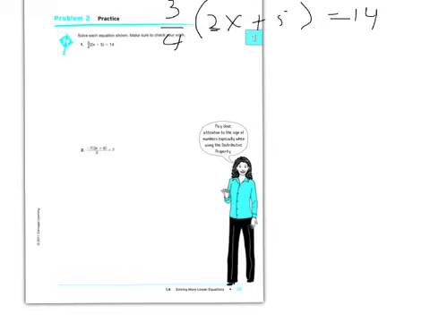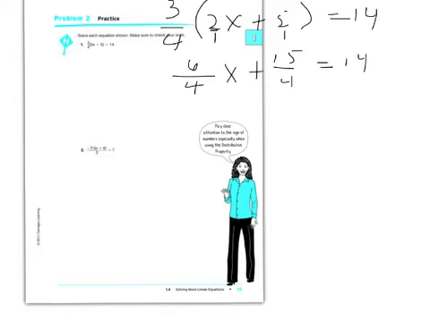Well, there's a 1 right there, and there's a 1 right there, and you know that when we multiply fractions, we multiply top to top and bottom to bottom. So 3 times 2 is 6, 4 times 1 is 4, and the x comes along for the ride because we haven't done anything with that, plus 3 times 5 is 15, 4 times 1 is 4, equals 14.